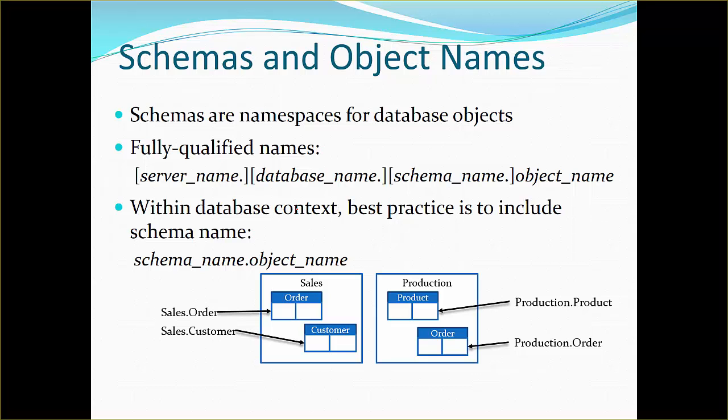If you group all the sales entities in the sales schema and you group all the production entities in the production schema, then you will be able to avoid that ambiguity that we had a few seconds ago. If you say get me all the rows in the sales dot order table, schema name dot object name, then it is not ambiguous with give me all the rows from the production dot order table.